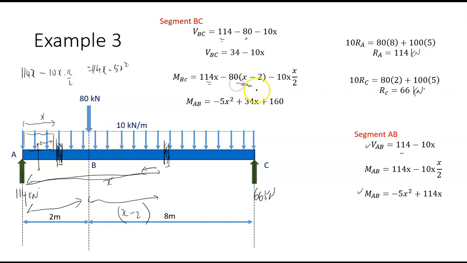And then the uniform distributed load is 10 times x, whatever that distance, acting through the centroid, which is x over 2, which is 5x squared. So add them all up, we get 5x squared plus 34x plus 160.